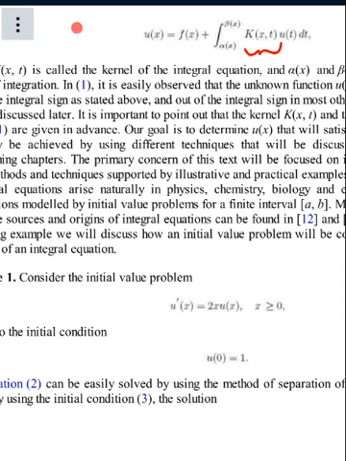For example, if we have 1 over x minus t, you know that whenever t equals x, we will have 0 in the denominator and the expression will be indefinite.